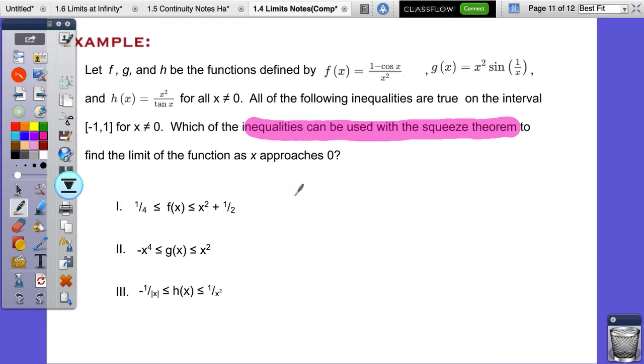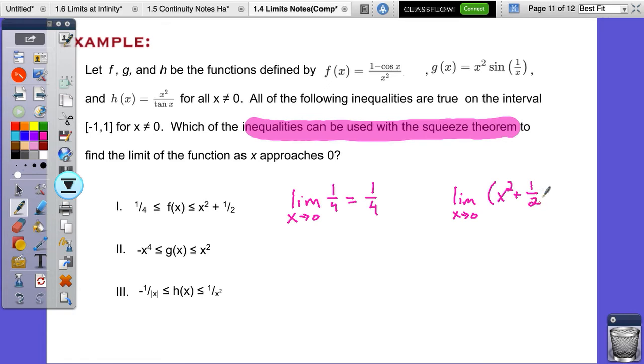So for f, we say, all right, well what's the limit as x approaches 0 of 1/4? Well, that's a constant, so that's just 1/4. All right, and what's the limit as x approaches 0 of x squared plus 1/2?